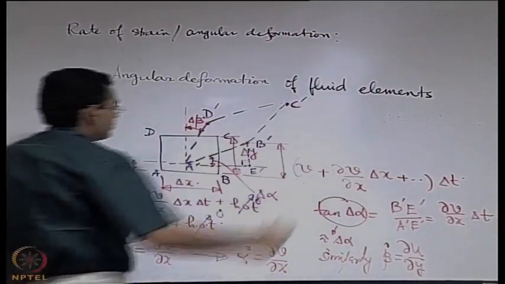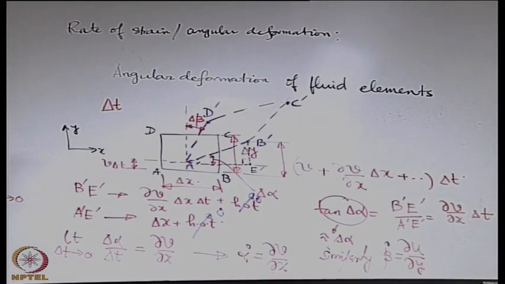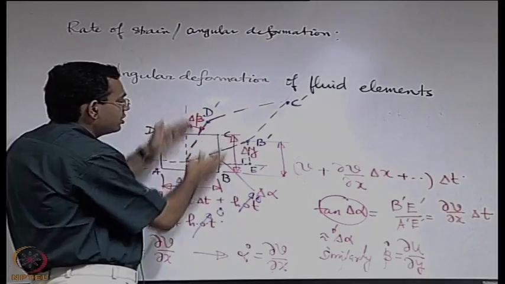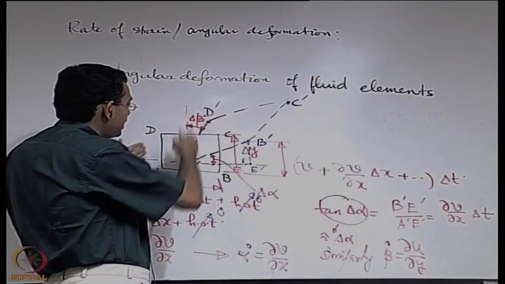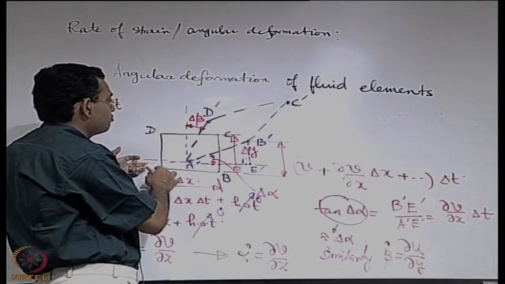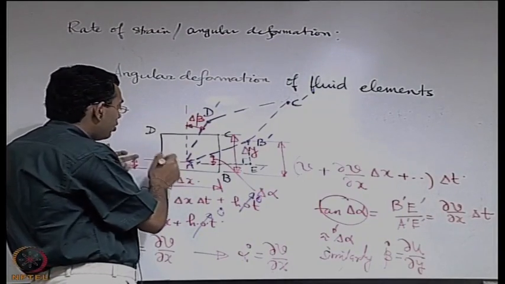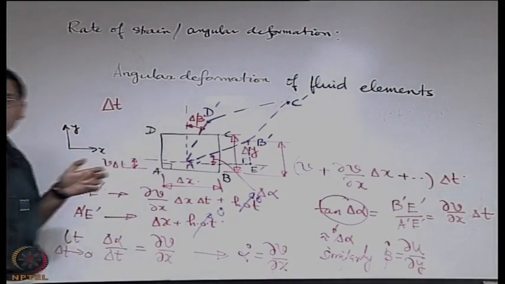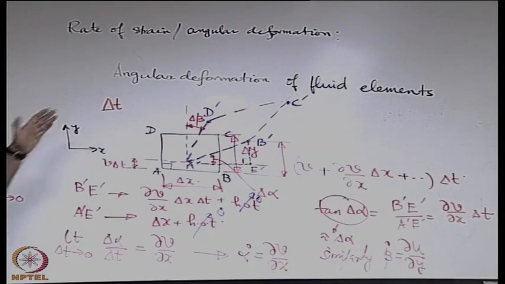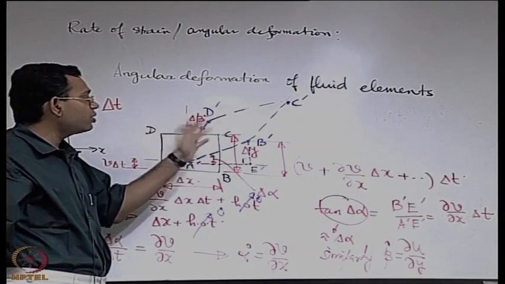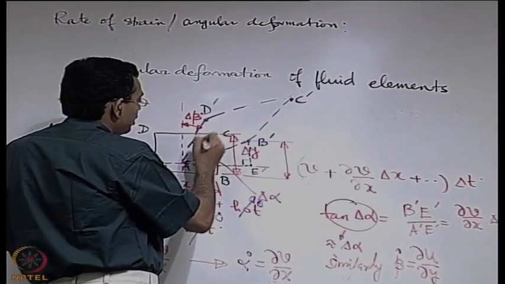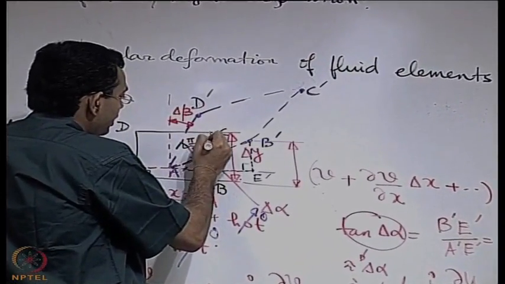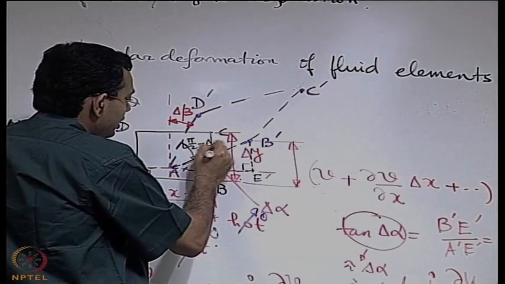See, there is a very important quantification of the distortion in the angle. What is that? If you consider two line elements, say AB and AD, they were originally at an angle 90 degree with each other. Now, these line elements are no more at an angle 90 degree with each other, they are now at an angle 90 degree minus delta alpha minus delta beta.